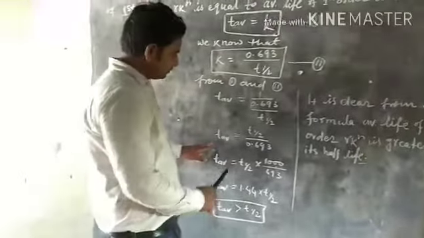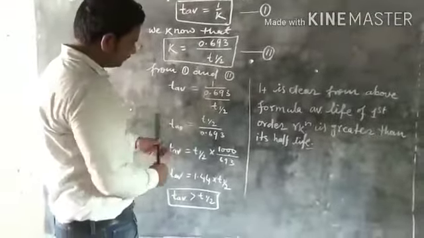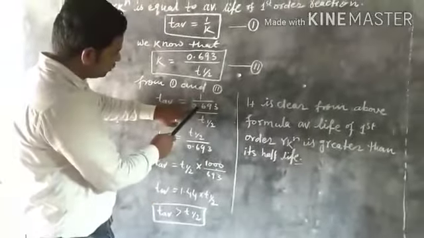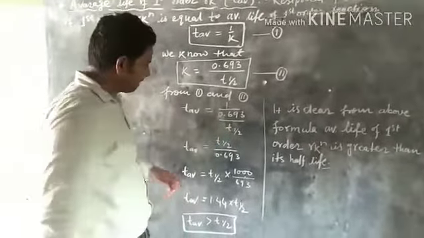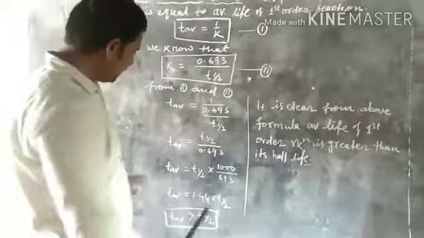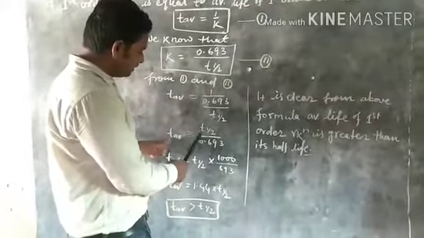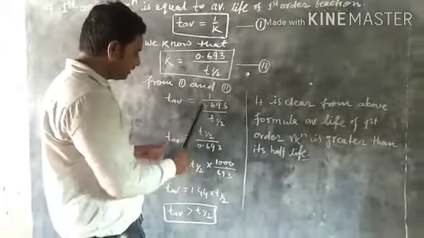When we calculate this term, T half goes above in the place of numerator, and T average becomes T half by 0.693.